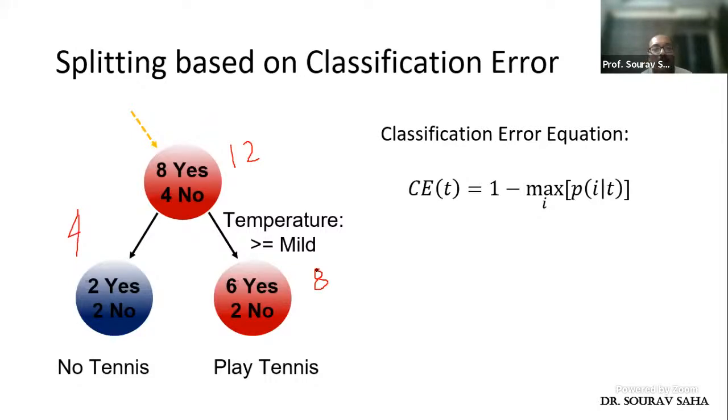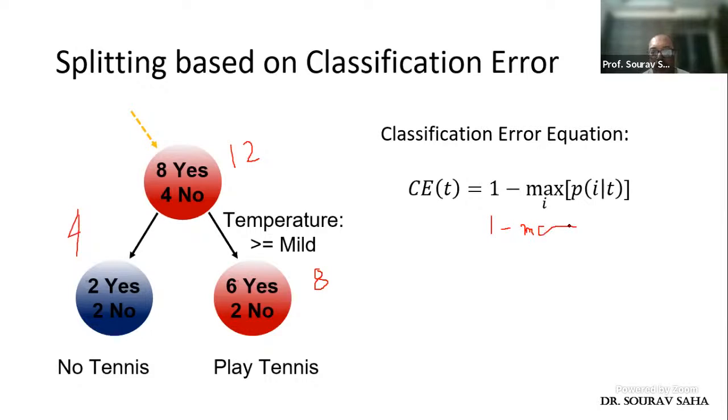Now let's look at the parent node. The parent node has 12 data points. The classification error, which is a measure of impurity, is 1 minus the maximum of the proportion of the different classes which are there.